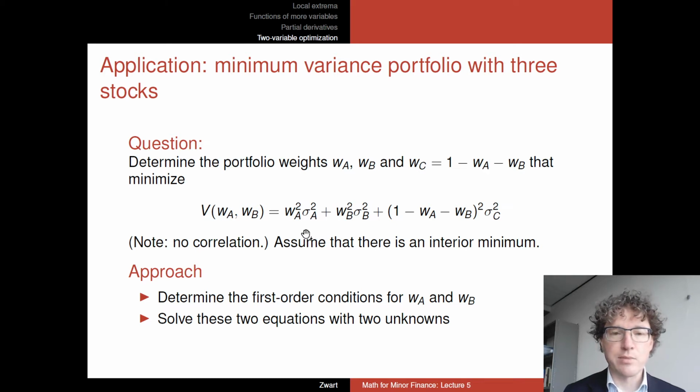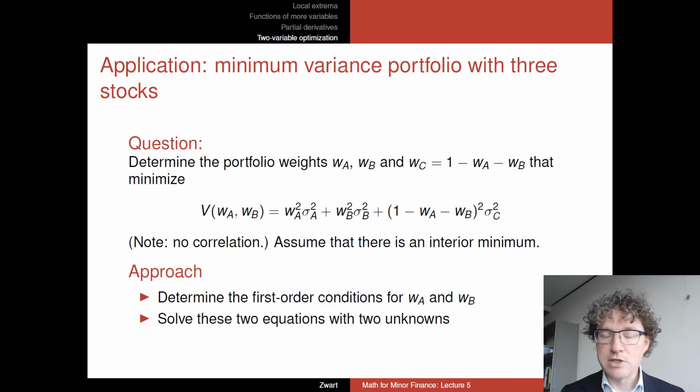The total variance of that portfolio will then be the weight squared of the money that we put in A, so some number between 0 and 1, squared times sigma A squared, the variance of stock A, plus the weight that we put on stock B squared times the variance sigma B squared of stock B, plus the weight that we put on stock C squared, which is using this equality here, just (1 minus WA minus WB) squared, times the variance sigma C squared for stock C. So we're going to assume, of course, all those stocks have positive variance.